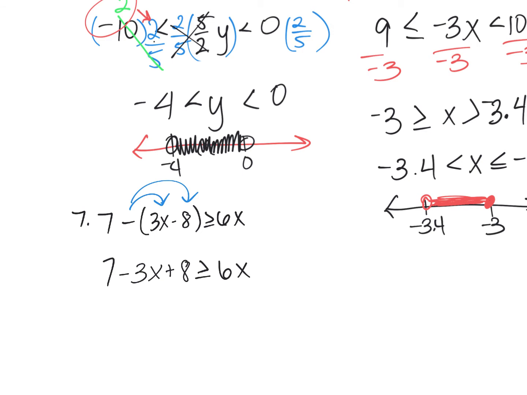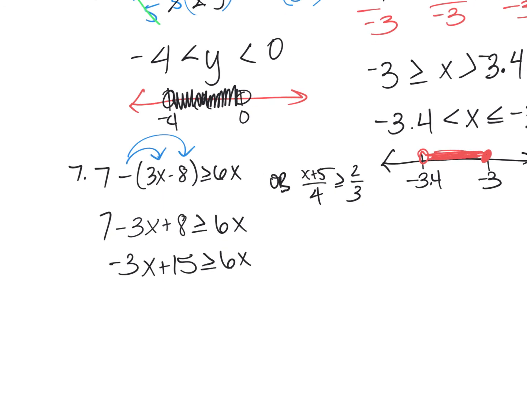I'll write the other equation later: x plus 5 over 4 greater than or equal to 2/3. So we'll solve this one here. I can combine like terms. 7 plus 8 is 15. And then we're going to add 3x. And 15 is greater than or equal to 9x.